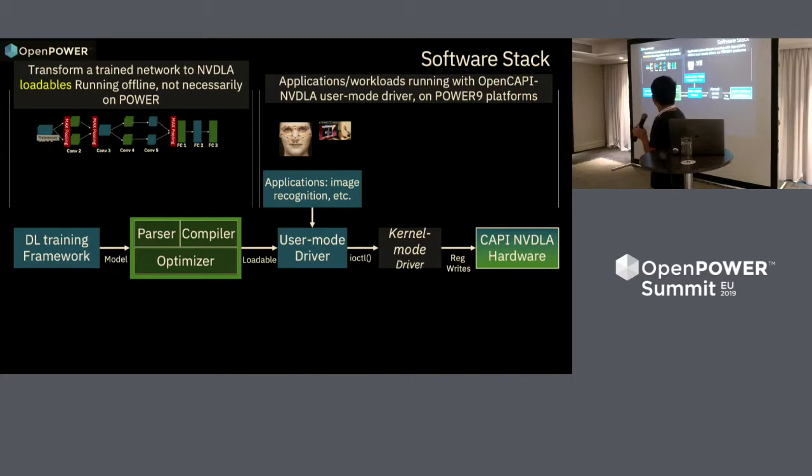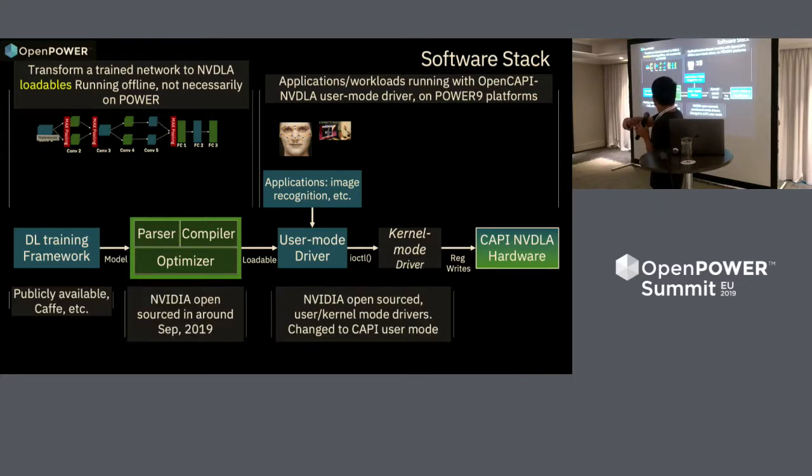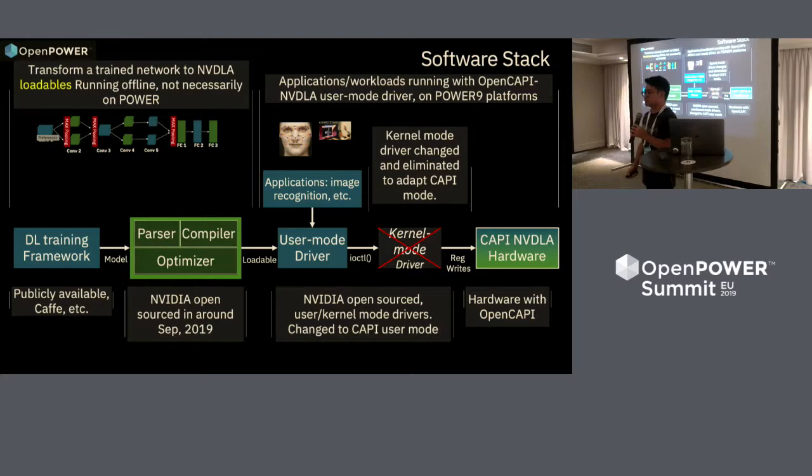But for OpenCAPI, this is different, because we have virtual addressing, so this kernel mode driver is not needed anymore. We can just remove this kernel mode driver, and then we just bridge the user mode driver to talk directly with the hardware. This means that the software stack has been simplified, and the users don't need to maintain the kernel mode driver code, because this kind of driver is really complicated.